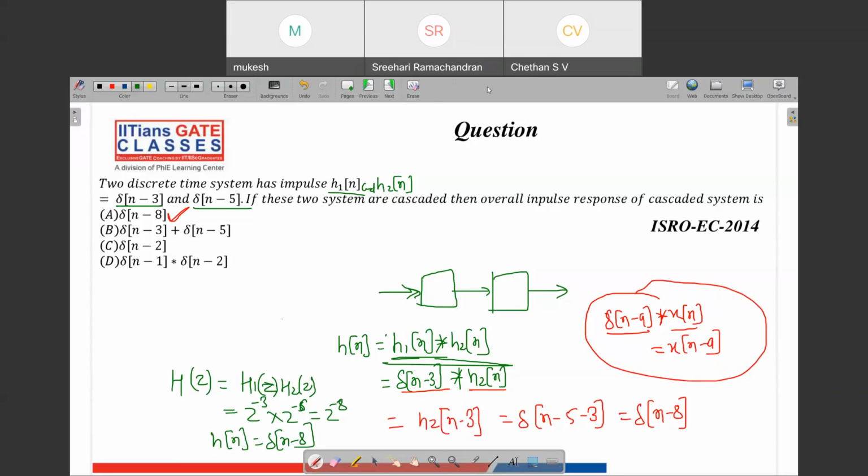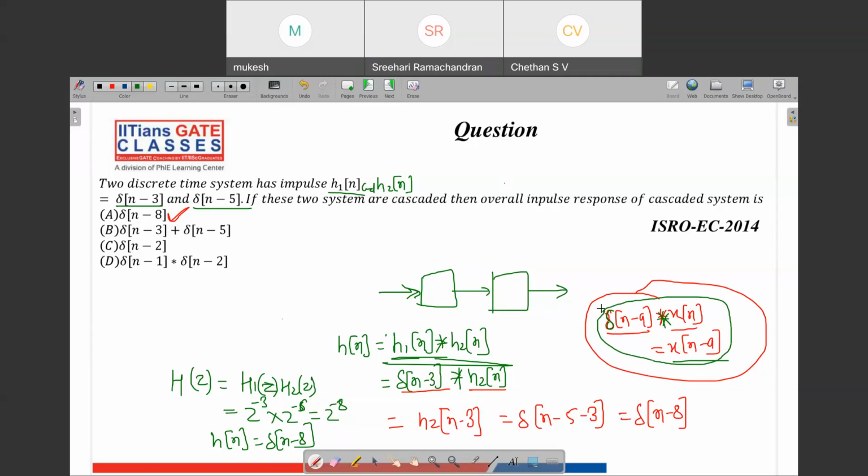So I understood about the z domain, but the time domain, just please do explain once more. Okay. You remember this property, right? Delta[n minus a] convolved with x[n] equals x[n minus a]. So essentially we are using this property here.